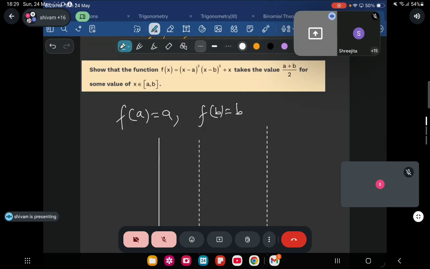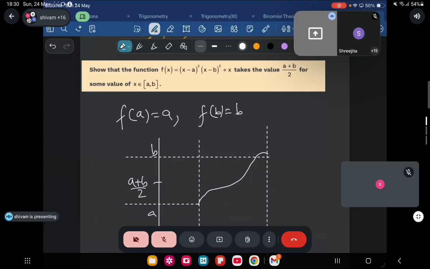The graph will look somewhat like this. I don't know whether it is increasing or decreasing; without loss of generality, I've taken it as an increasing graph. So Abhigyan, this will be point a. This will be point b. And where is (a plus b) by 2? (a plus b) by 2 is over here.